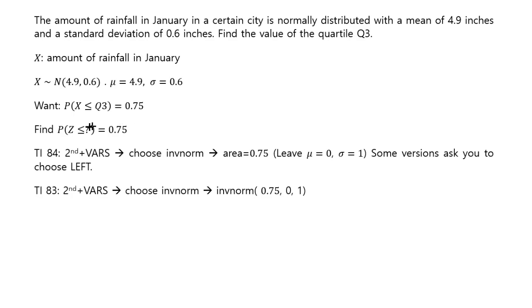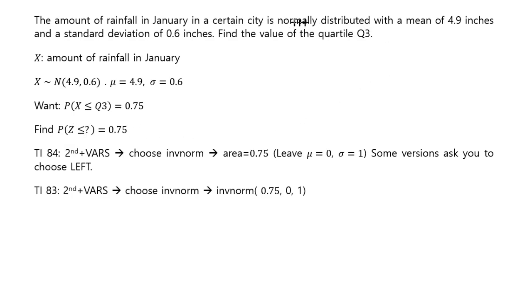Well, you will probably notice that this is somewhat different from our previous questions, where you usually are given this value and you're trying to find the probability. Here you're given the probability and you're asking for this value, and that's called the inverse norm. So that's something you have to be careful about.